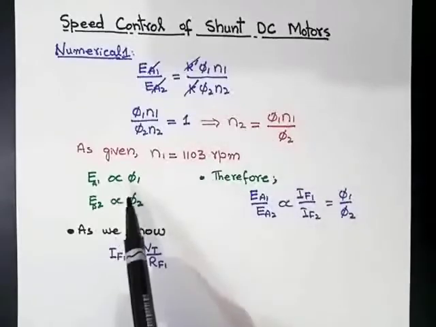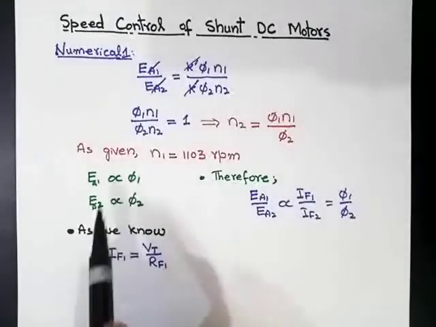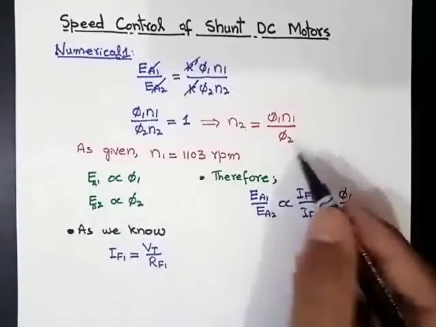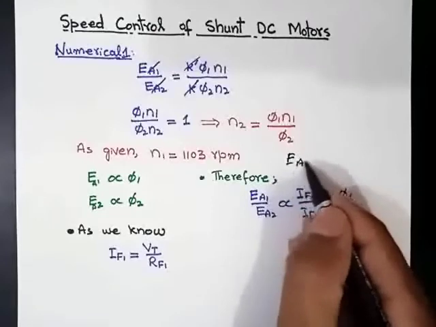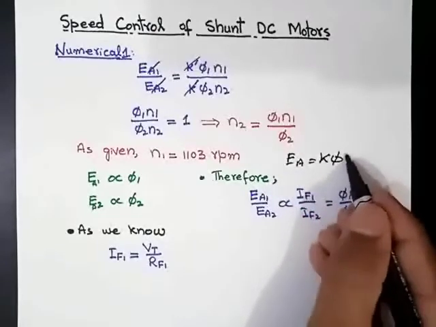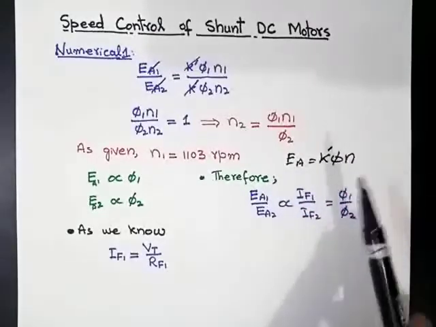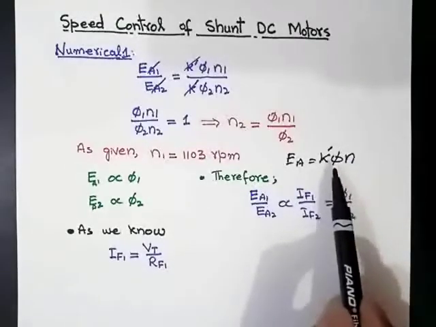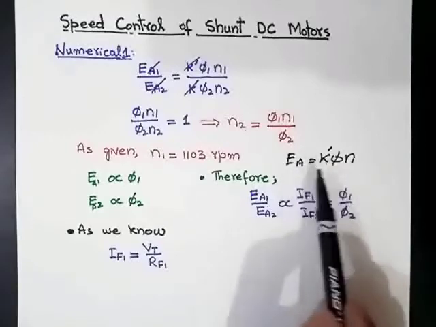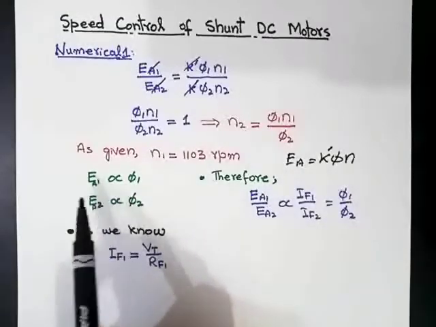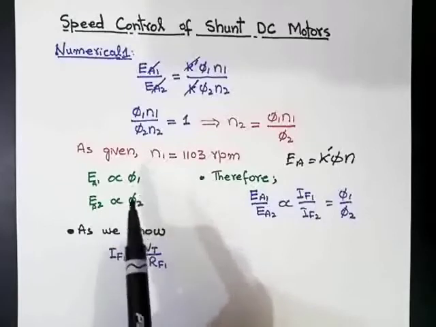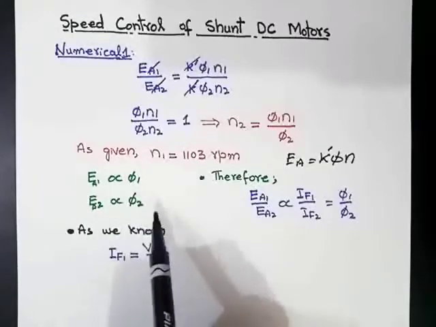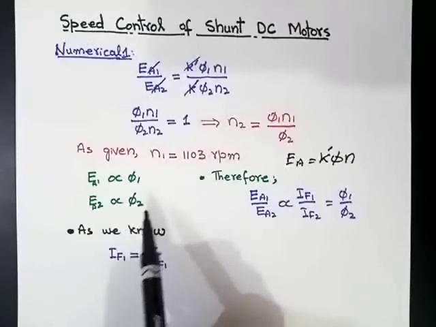As we know, the relationship between internal generated voltage and flux is directly proportional, as EA is equal to K phi into N. Therefore, EA1 is directly proportional to flux 1 and EA2 is directly proportional to flux 2.